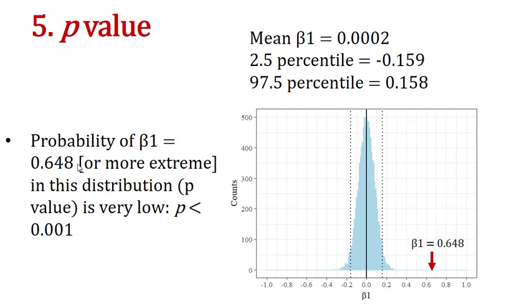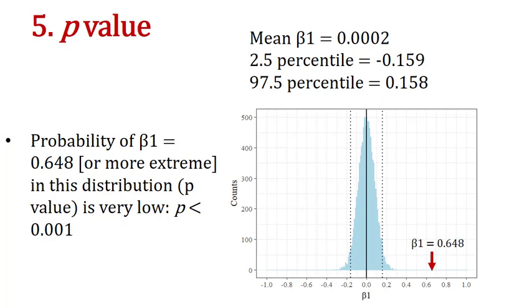So when we determine the p-value, what we do is determine what's the probability of having this 0.648, which is the value we obtain in our sample. So this is the actual sample, not the sampling distributions that we did before.